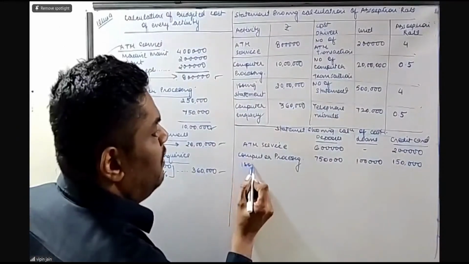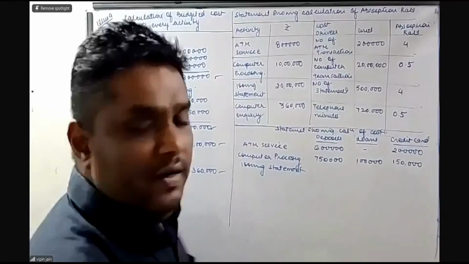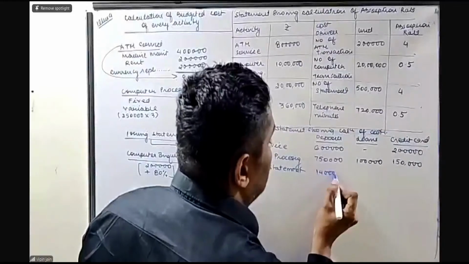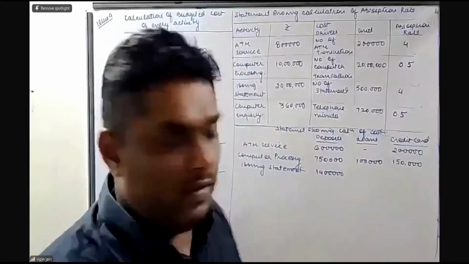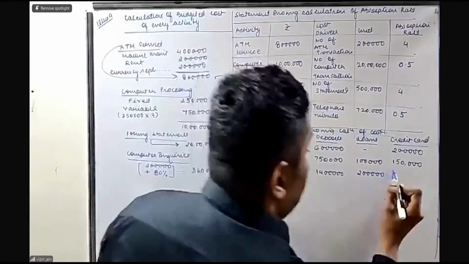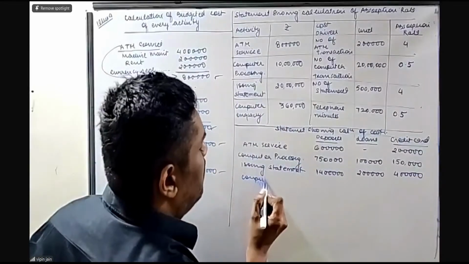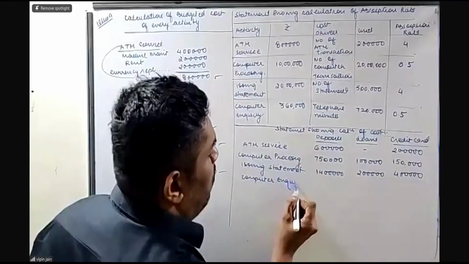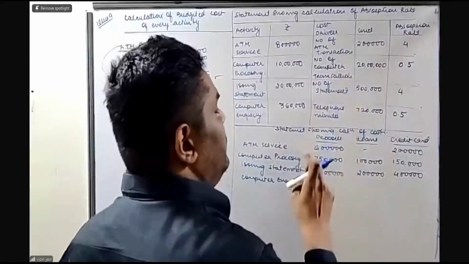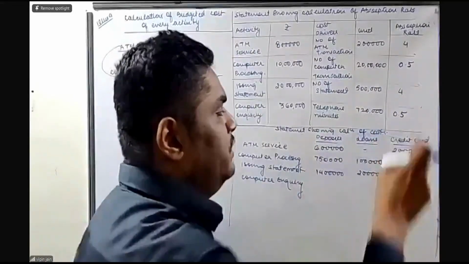Further, issuing statement. It is again 4 for every statement. So 350 into 4, this is 14 lakh. This will be 2 lakh. This will be 4 lakh. And last, computer inquiry. I'm simply multiplying the number of ATM transactions into 4, the number of computer transactions into 0.5, the number of statements into 4, and telephone minutes into 0.5.